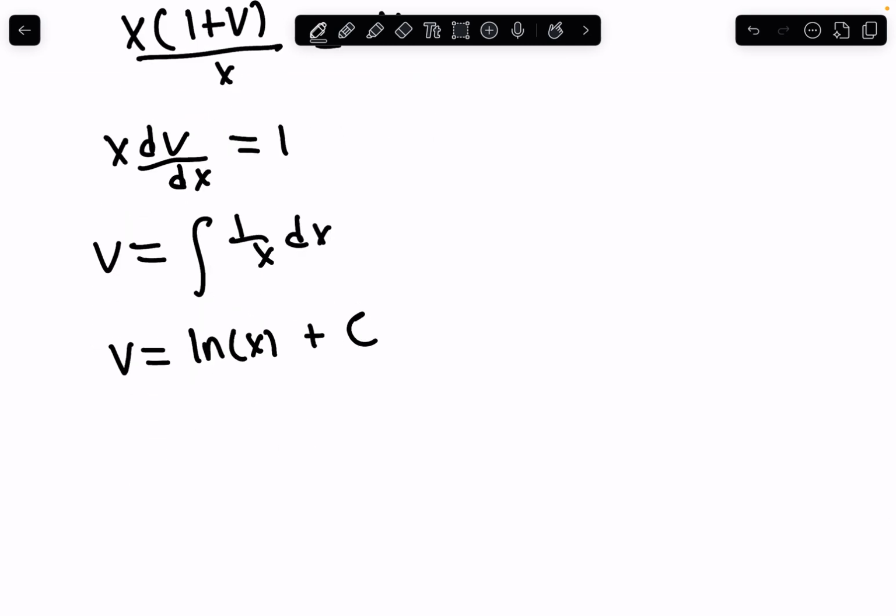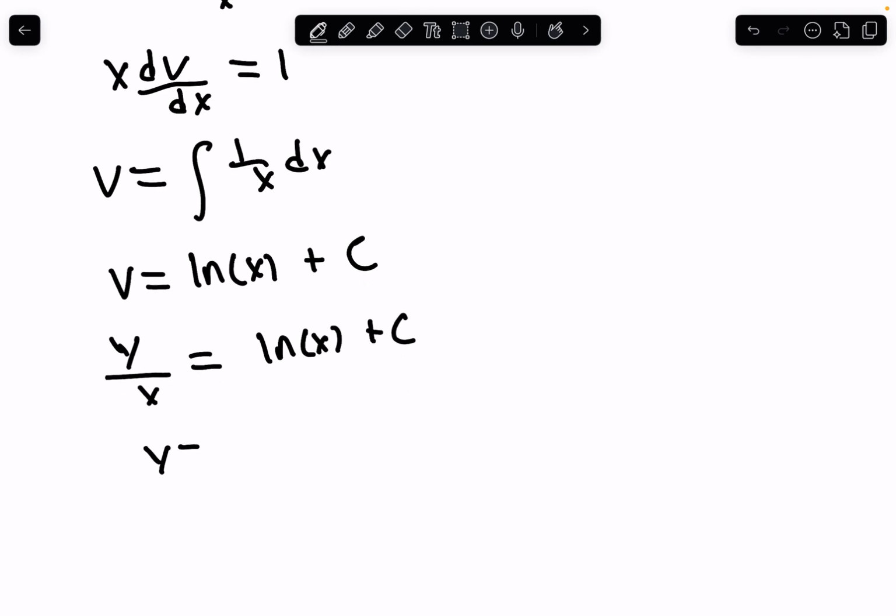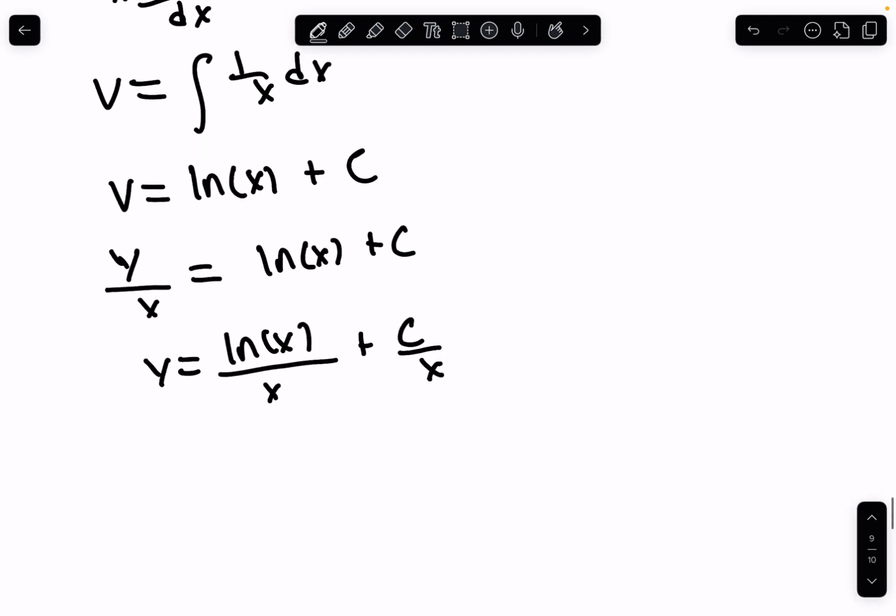Now is the point where you substitute v with y over x, so y over x equals ln x plus some constant c. So y equals ln x over x plus c over x, which if you want you can set to any other constant.